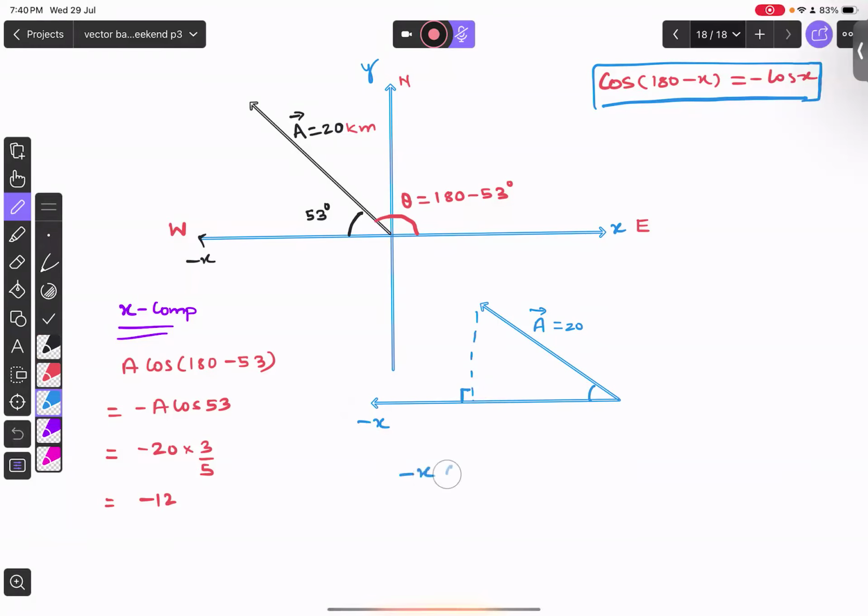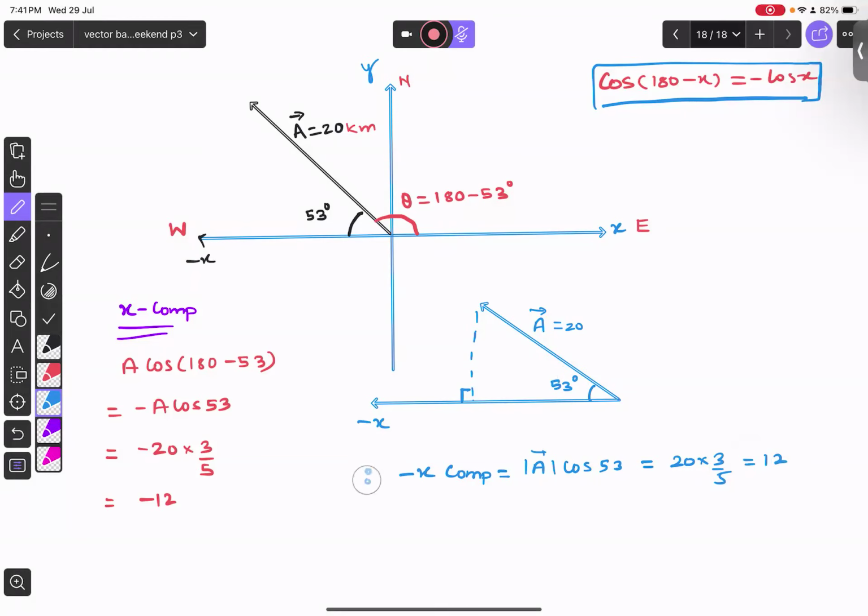You can find the minus x component, and for that I don't need to know that formula. So it will be A cos 53, which is 20 into 3 by 5, that is coming 12.